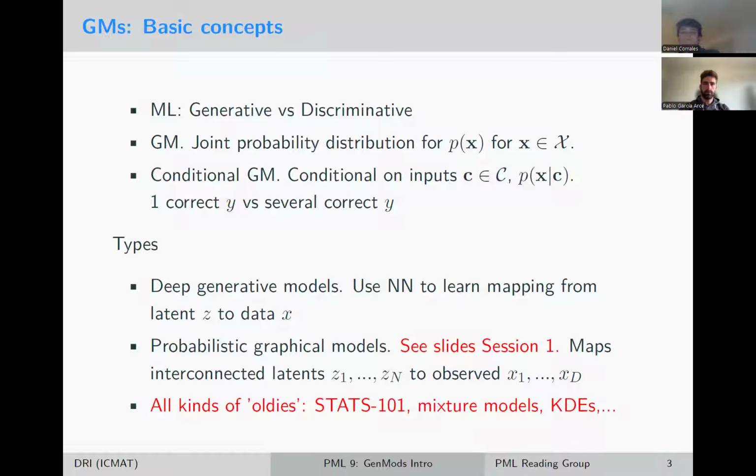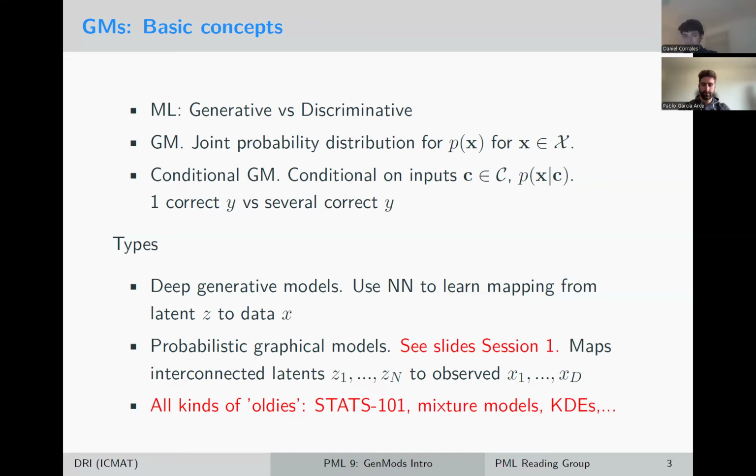To add a little bit to the confusion, sometimes we shall be talking about conditional generative modeling, when there are some inputs C, and what we shall try to build is the distribution of X given C. For example, C could be some kind of input providing context, like a prompt when you are using a large language model.